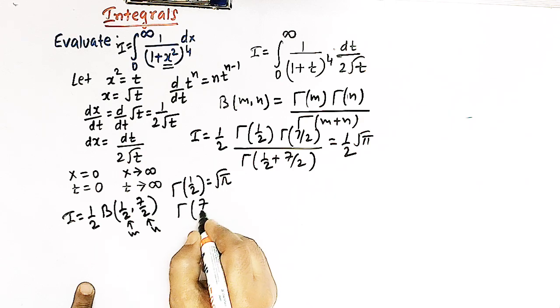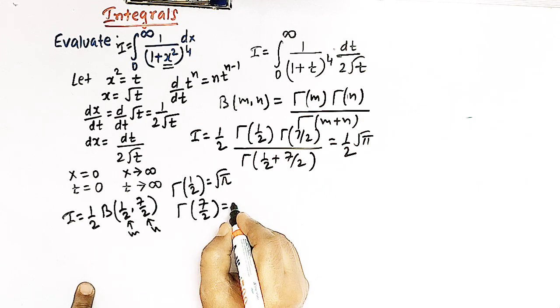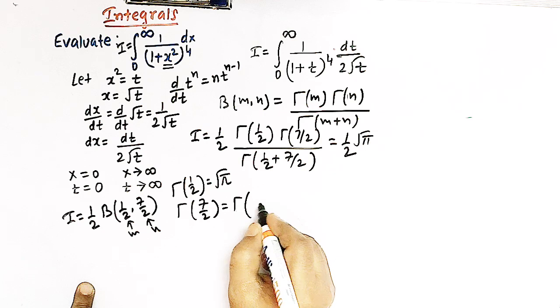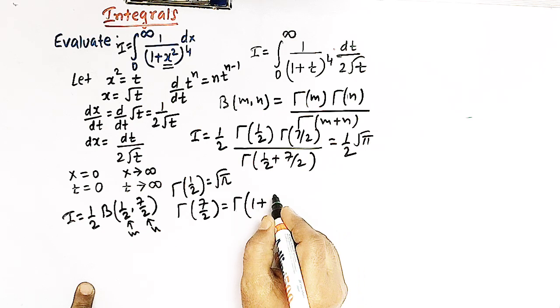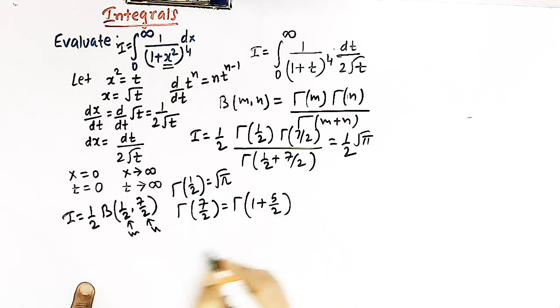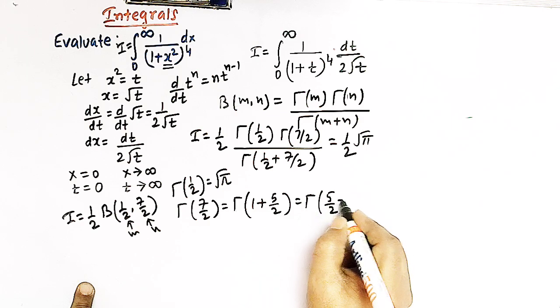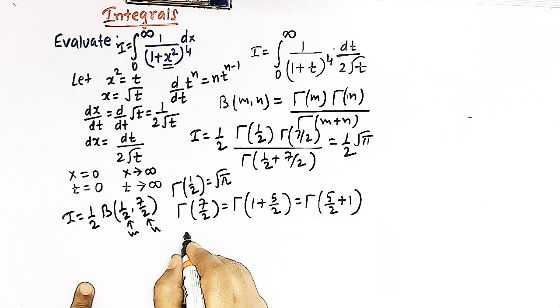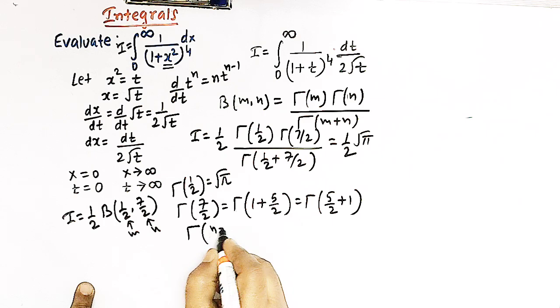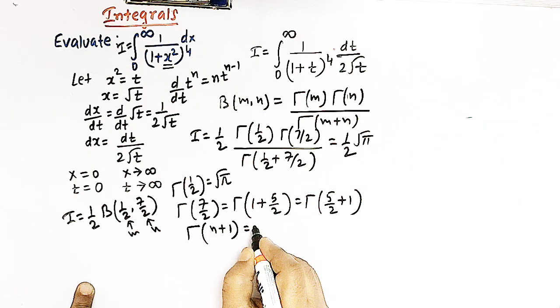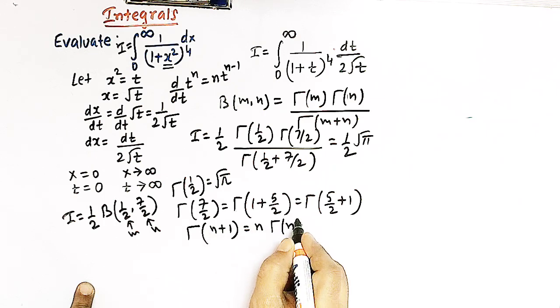Now gamma 7 over 2 can be expressed as gamma 1 plus 5 over 2, right? That is a gamma of 5 over 2 plus 1, and now using this result, that is gamma n plus 1 is given by n times gamma n, right?